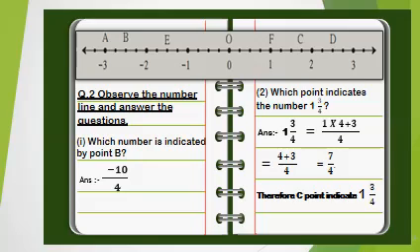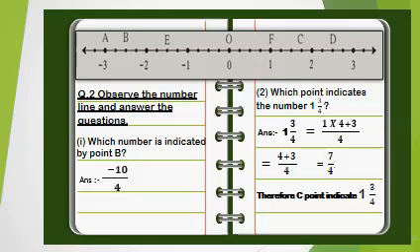Our second question is, which point indicates the number 1 3/4? Here 1 3/4 is a mixed fraction. So students, first we will convert it into a normal fraction. To convert, we will multiply the denominator by 1 and add 3.